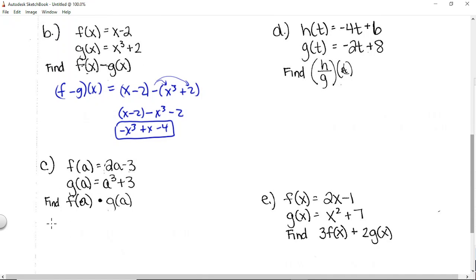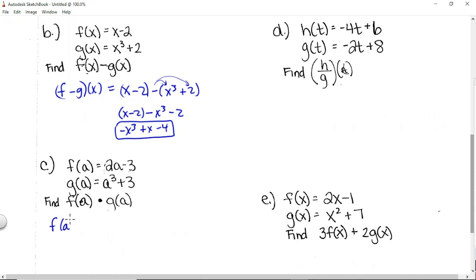So we could write this, we're supposed to find f of a times g of a, and we could write it the way I've been doing it, like this. But on your homework, they're not written in that type of notation. So I'm going to write it the way it's done in the homework.